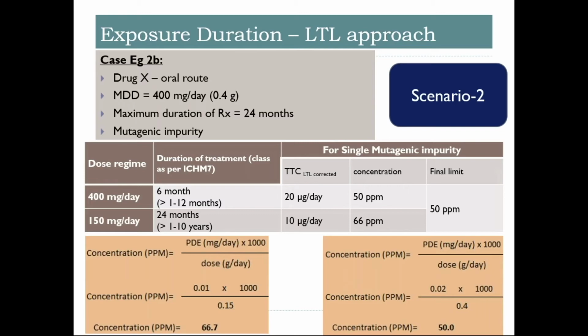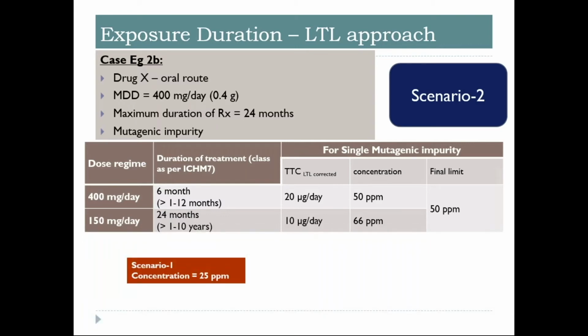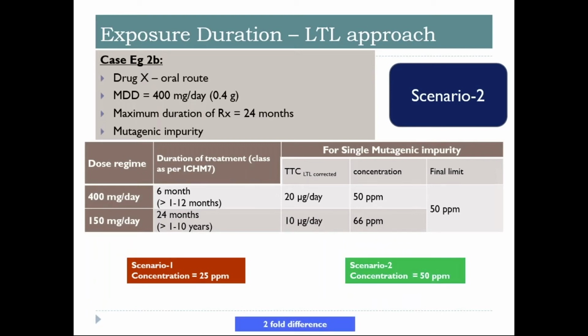Conservatively, we chose 50 ppm as the final limit for that particular mutagenic impurity, so we achieved a further relaxed limit just by utilizing the dosing regimen. Scenario 1, as discussed in the previous slide, gave us 25 ppm, and scenario 2 gave us 50 ppm. So there is a two-fold relaxation.